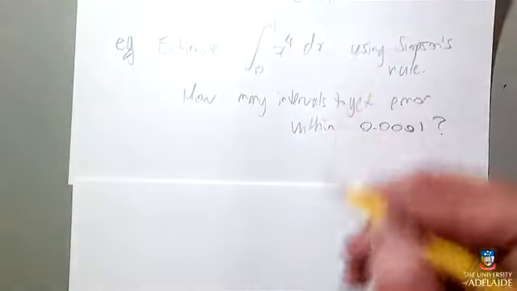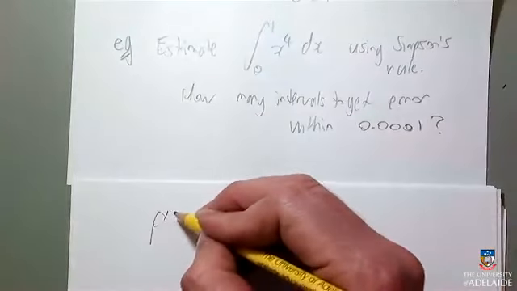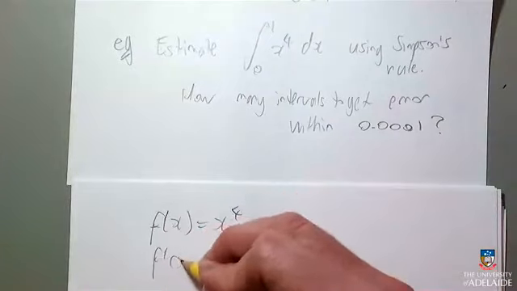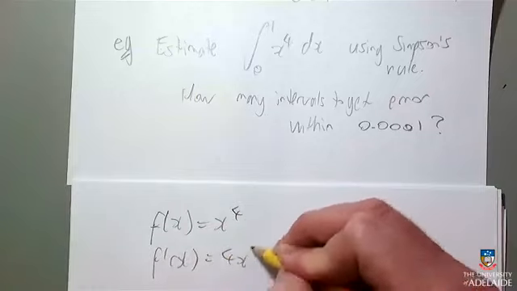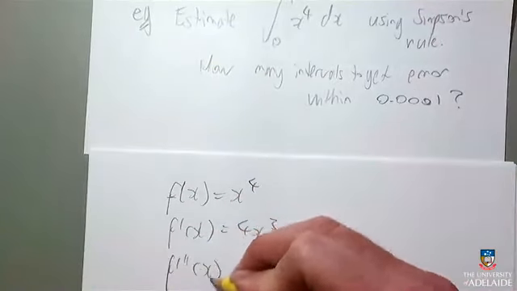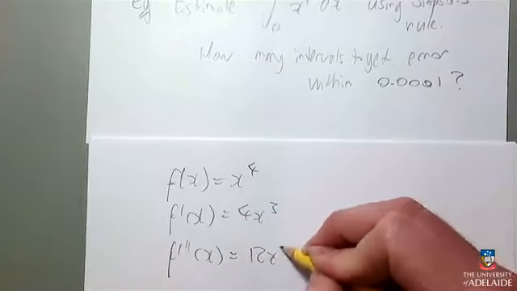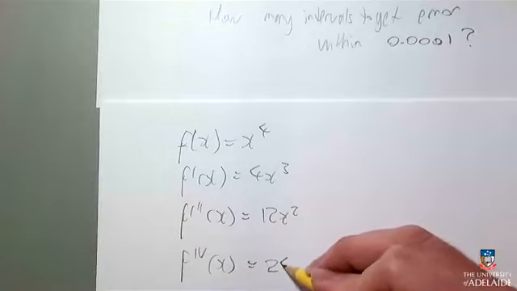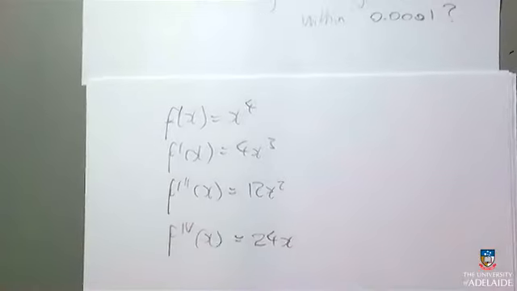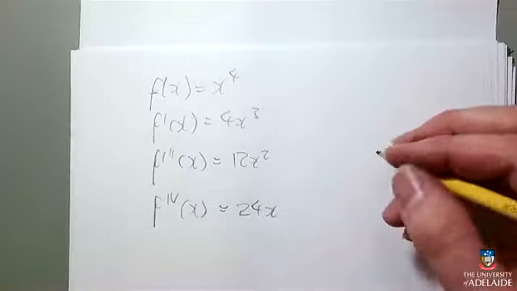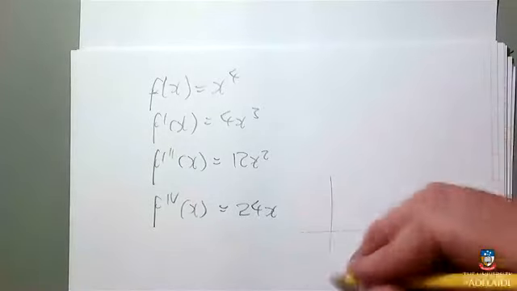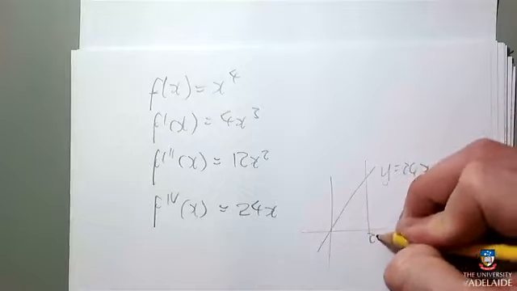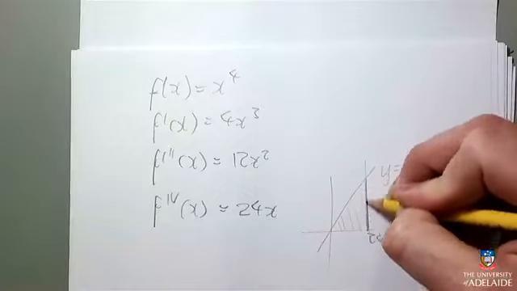So that would be, alright, we need the fourth derivative because it's Simpson's rule. Like that. And on this zone, y equals 24x, the maximum value is over here.